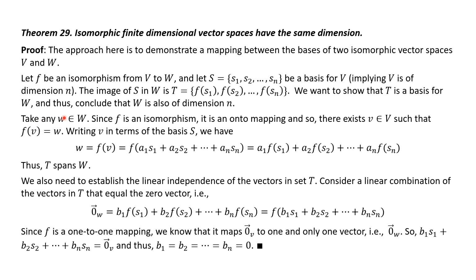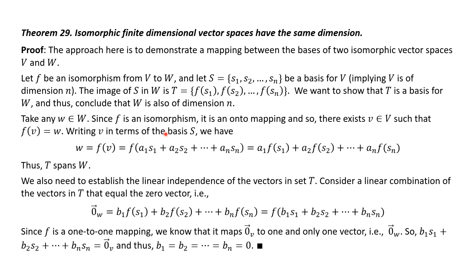So take any vector w in our vector space, capital W. Since F is an isomorphism, it is an onto mapping, and so there exists a vector v in vector space V such that F of v equals w.